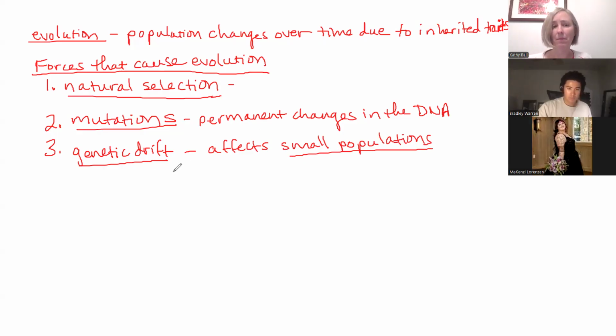And what were some examples of genetic drift we talked about? We talked about the founder effect. Isn't the other one the bottleneck effect? Yeah, and the bottleneck effect. Good, Mackenzie.